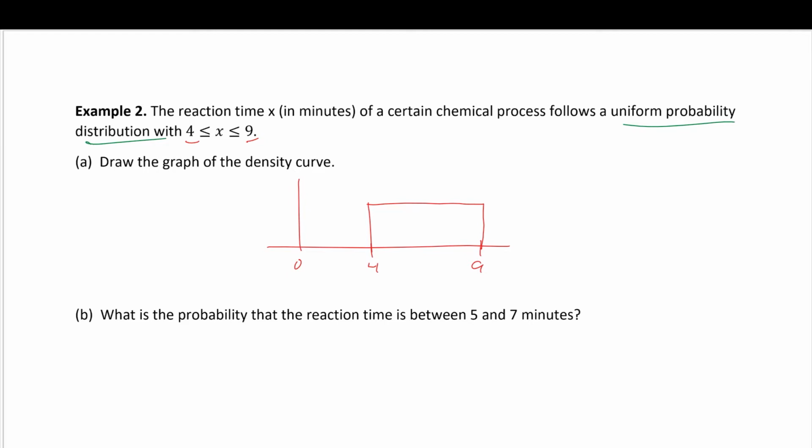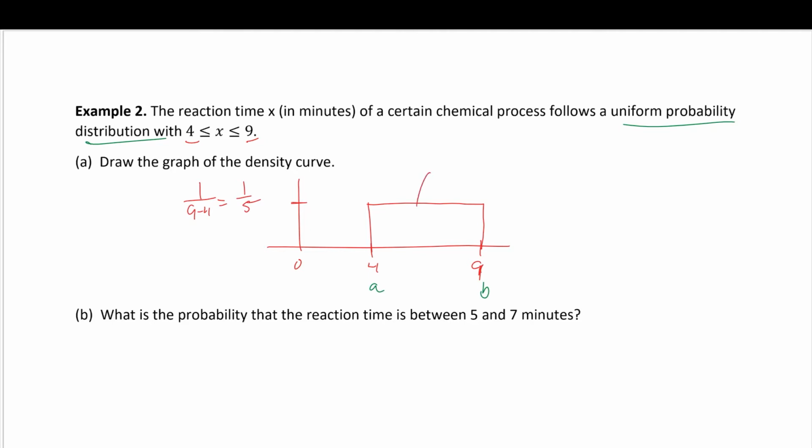All right, so what do we need here? Again, we need the height to essentially force this to be an area of 1. So this again is by design. This is like your A, and this is like your B, 9. So again, we're going to do 1 over B minus A, which in our case is 1 over 9 minus 4. 9 minus 4 is 5.